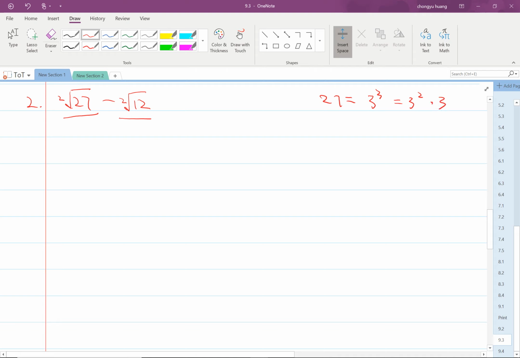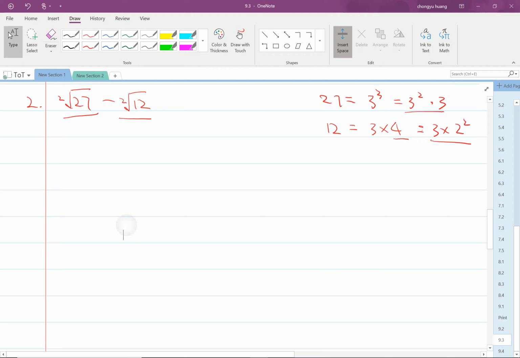And as everyone knows, 12 is equal to 3 multiplied by 4, and we know that 4 is equal to 2 squared, right?